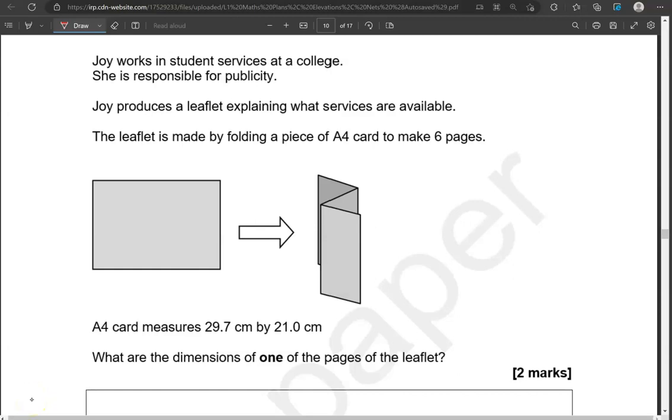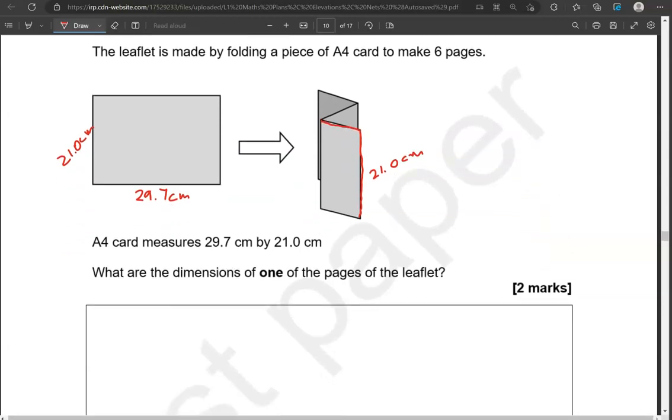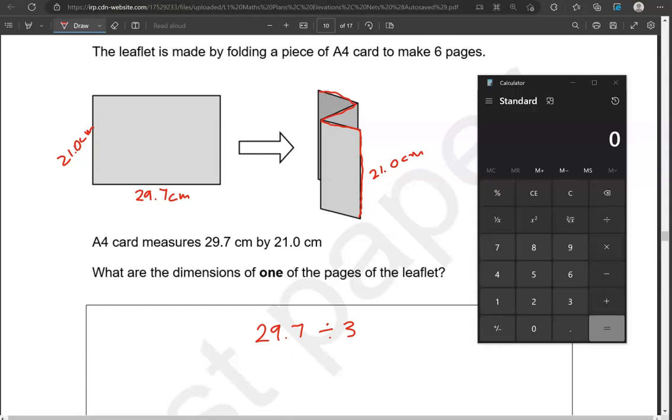So the card measures 29.7 centimeters by 21.0 centimeters, and when folded, this is 21.0 centimeters, and this here we're going to work out by doing 29.7 divided by 3, because it's split into 3 equal parts when folded.